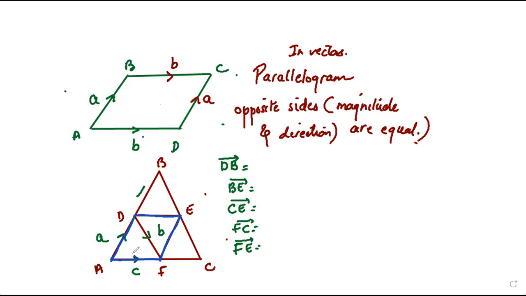So if it's moving towards this direction, that means D to E is this and the value is C. So D to E will be C. Then A to D vector. It's already given that A to D vector is A. That means opposite. I have to draw the same direction. So from clearly I can say vector F to E is also A.